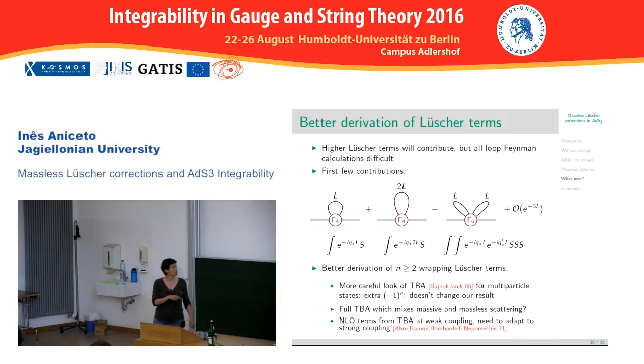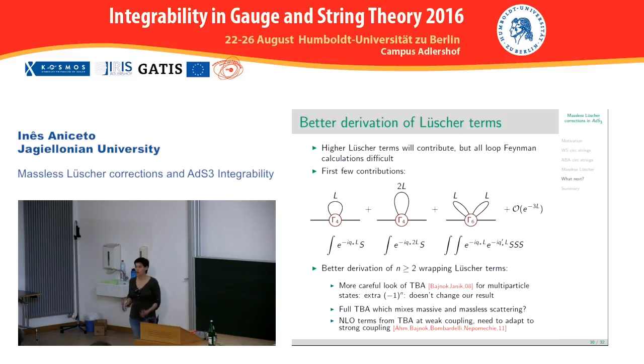Also, at weak coupling, next to leading order corrections were done, and they obtained corrections that look very much like the corrections written here. But the way to adapt them to strong coupling is not direct.